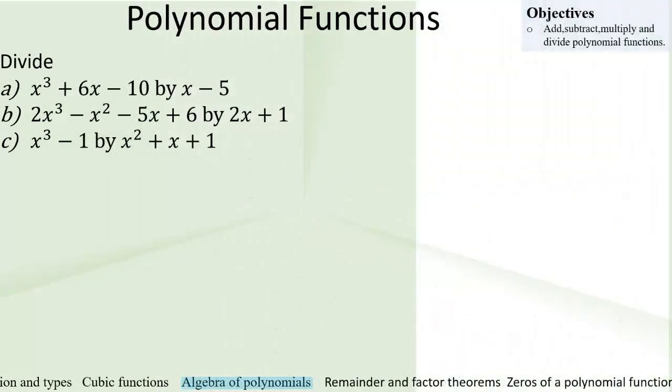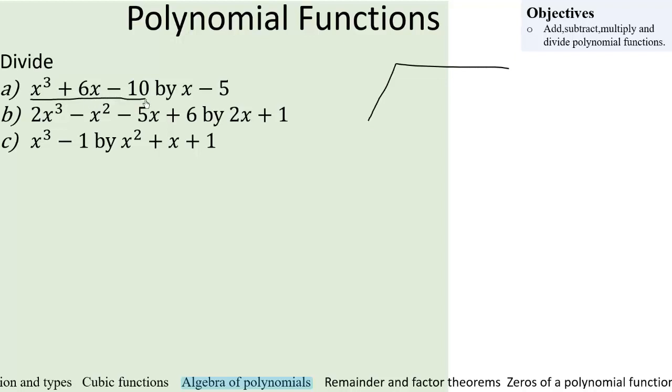Now let's talk about polynomial division. The division is somehow similar to long division. So we begin by placing the polynomial function inside. So this is what will go inside here, x cubed.